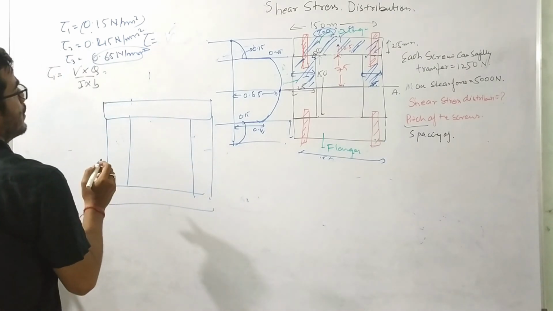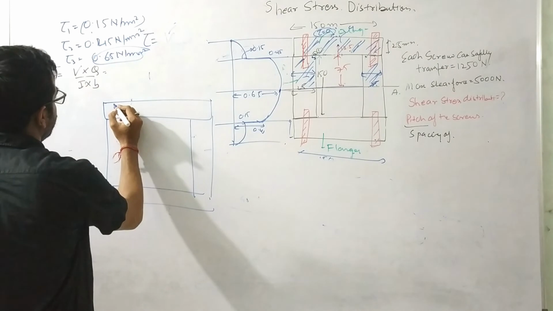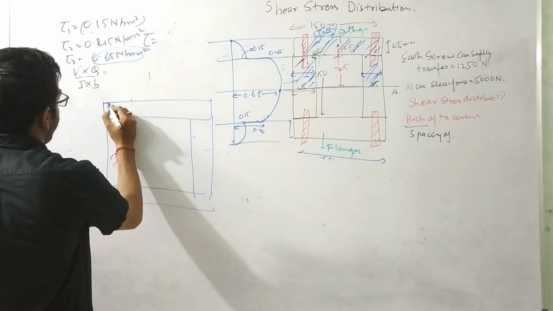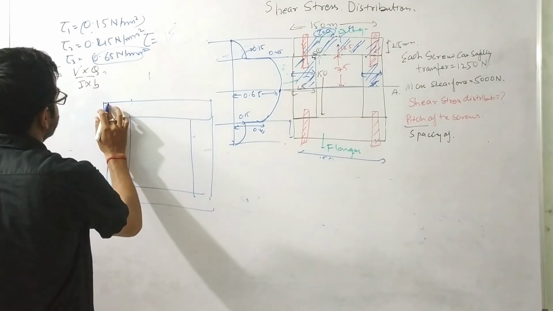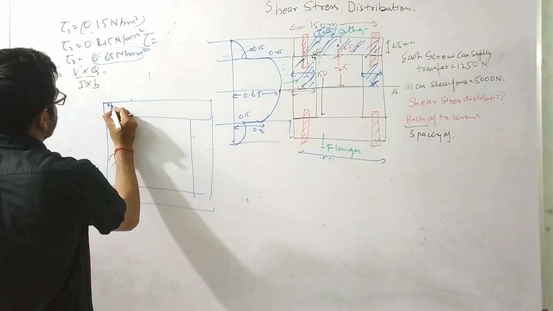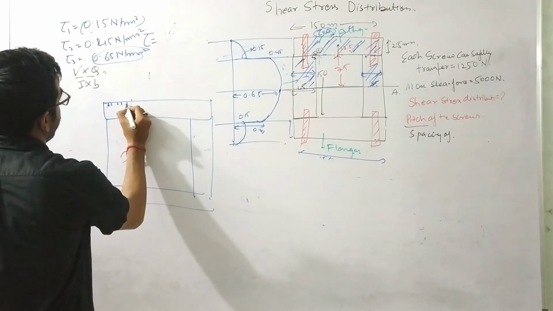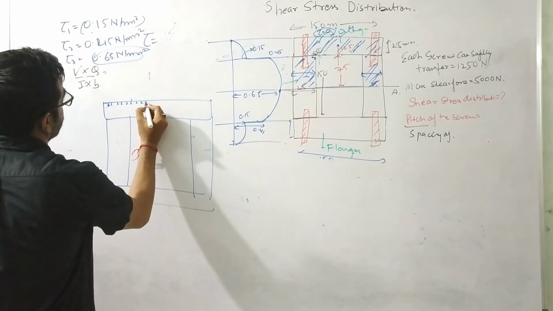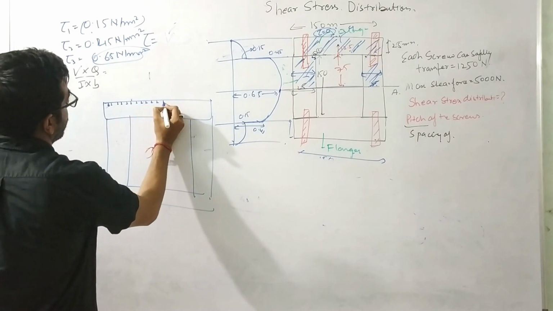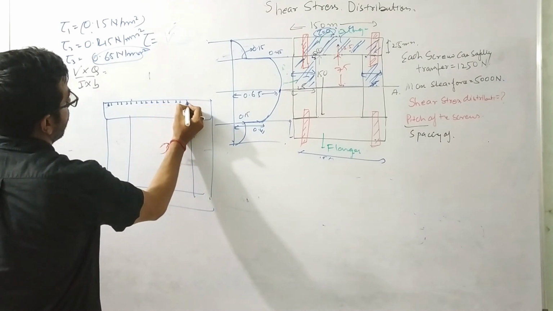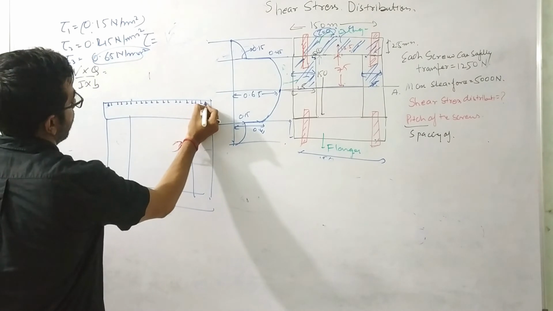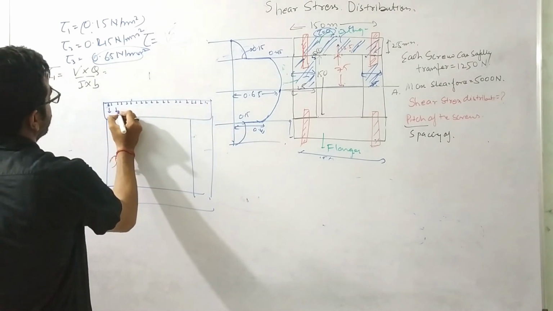Now, at the top level, at this level, the shear stress is very, very minimum. Okay, it is increasing in downward direction.